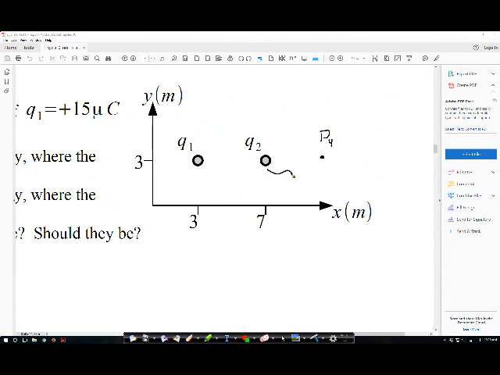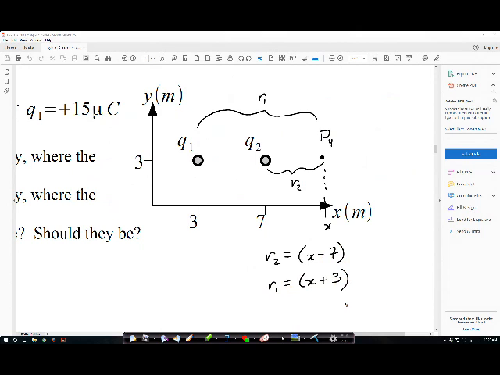And so this distance from Q2 to P4 is going to be R2, and this distance from Q1 to P4 is going to be R1. So if P4 is located at X, then I can say that R2 is equal to X minus 7, and R1 is equal to X plus 3.